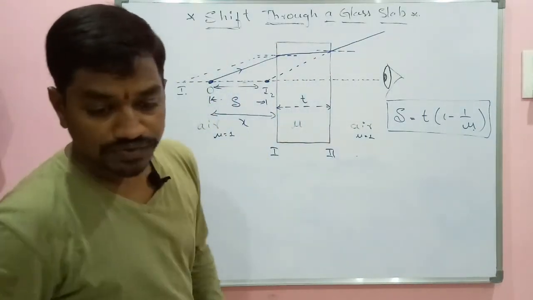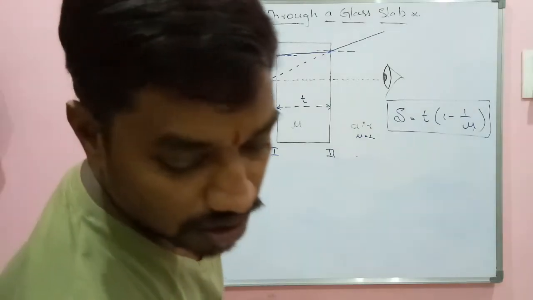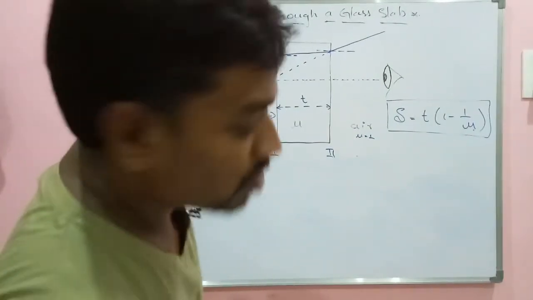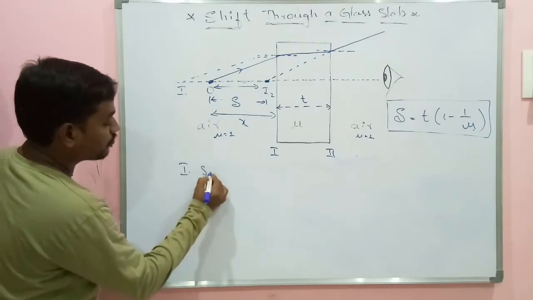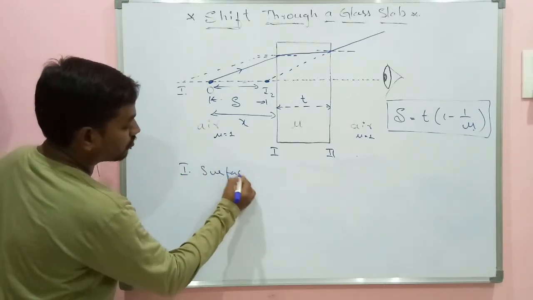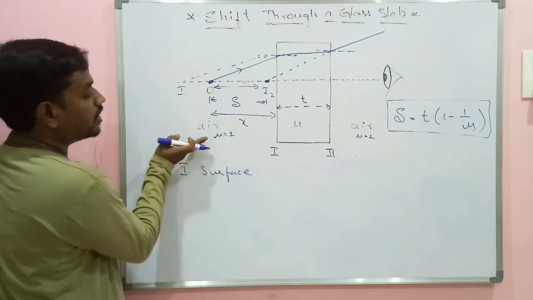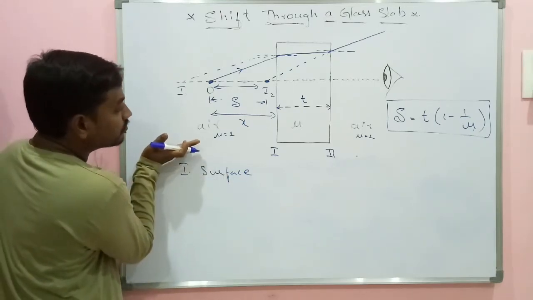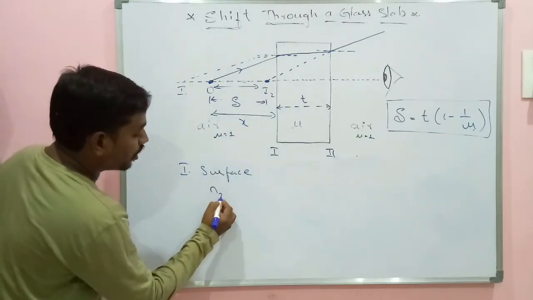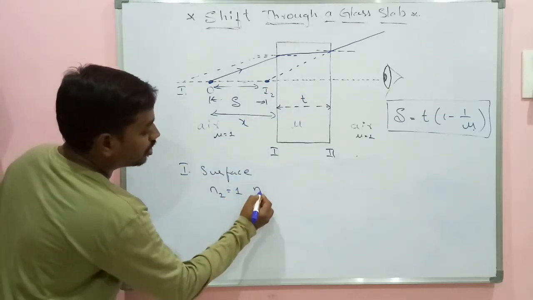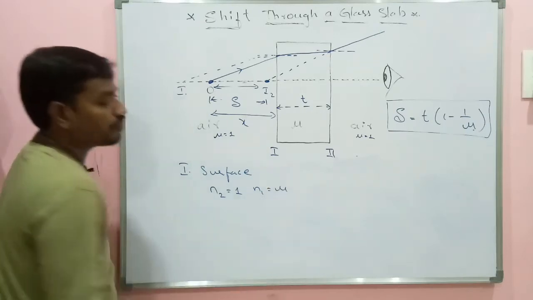So to derive this formula, consider refraction at first surface. Here light is passing from rarer medium to denser medium. So we need to take N2 as 1 and N1 as mu.